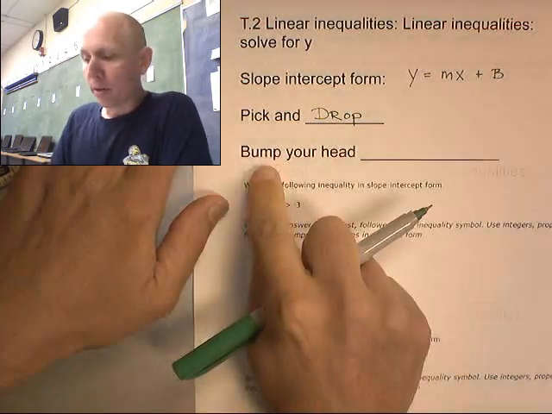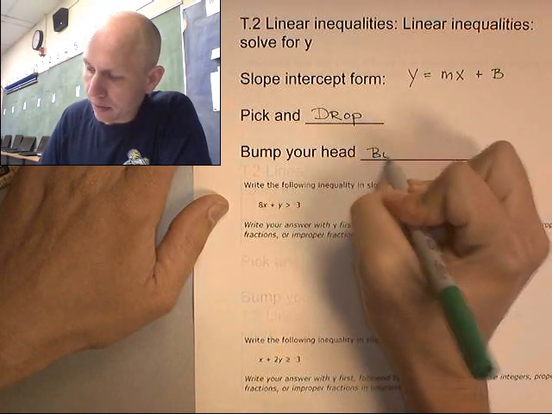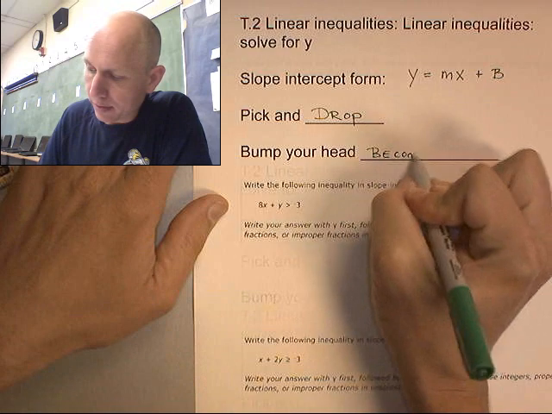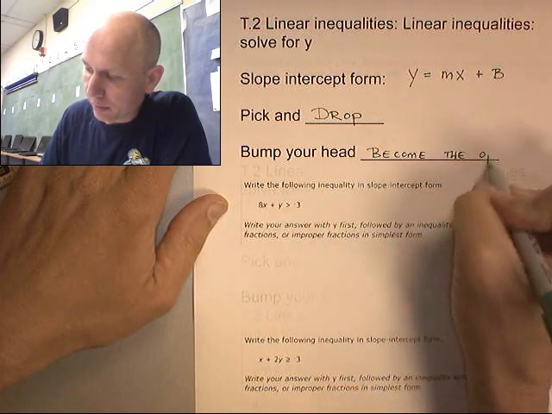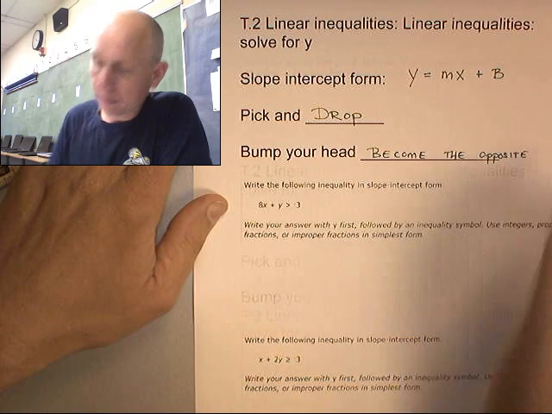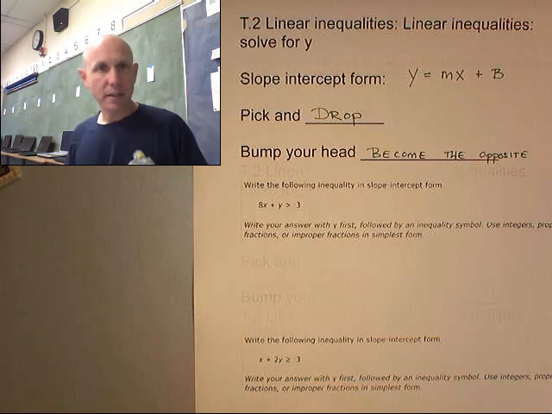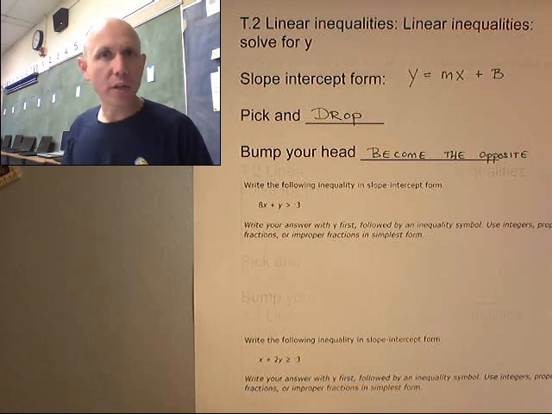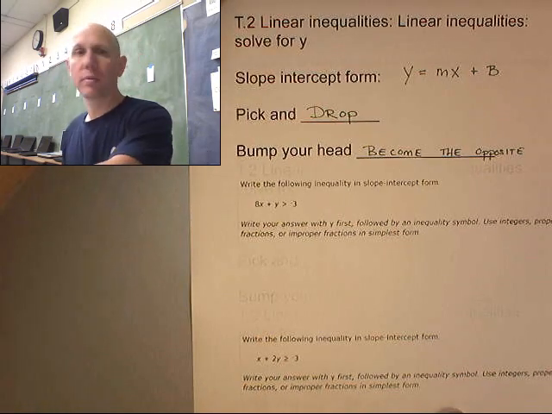And remember, bump your head, become the opposite. So we're going to be picking things up, dropping them on the other side of the equation, and they'll become the opposite. You're going to like how these work because they're pretty basic.